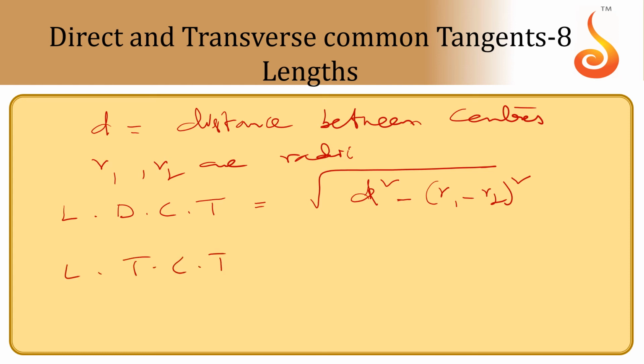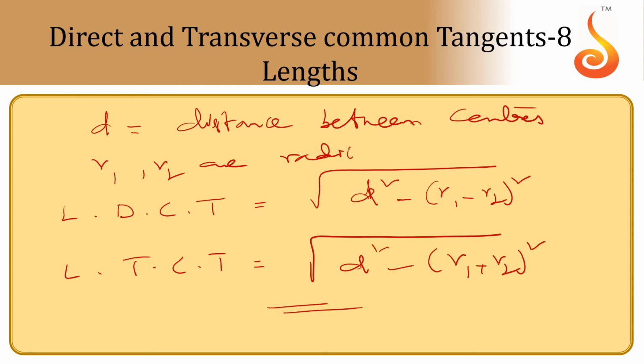The length of the transverse common tangent is under root of D square minus (R1 plus R2) whole square. So you can remember them.